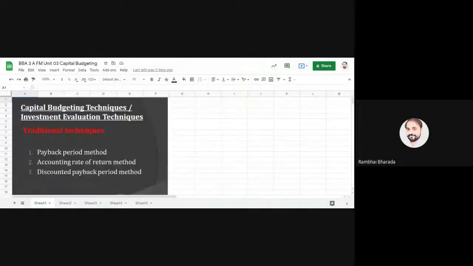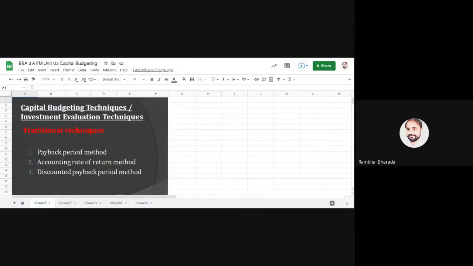And for evaluation purposes, to decide which project, which option is best for us for the investment, we have some techniques. And those techniques are known as capital budgeting techniques or investment evaluation techniques, which help us to decide the best investment opportunity for us.